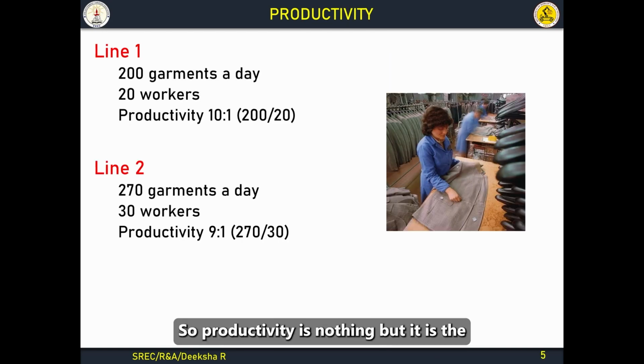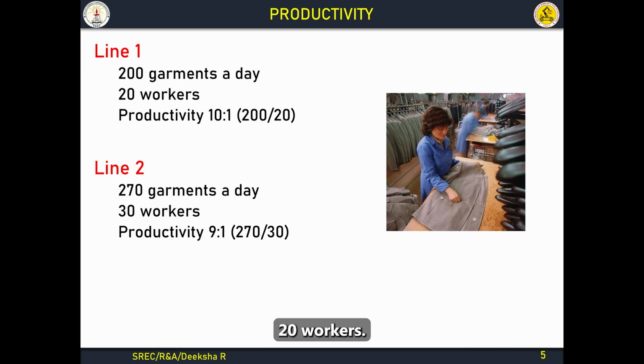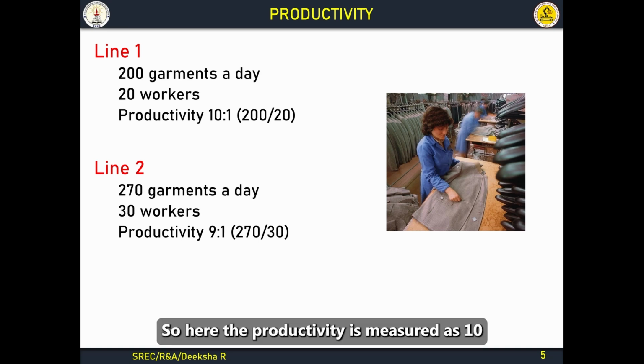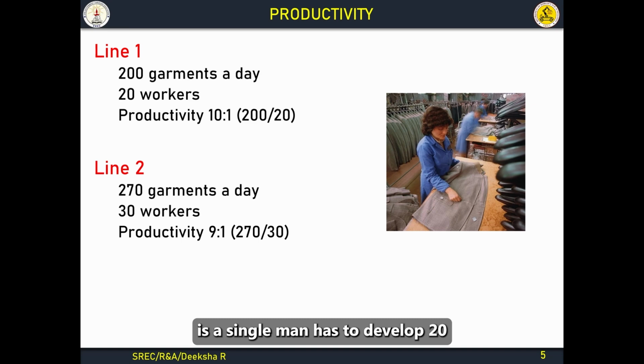Productivity is nothing but the measurement of the work which you have done. Consider an example: a garment industry which produces 200 garments per day using 20 workers. Here the productivity is measured as 10:1, because a single worker develops 10 garments per day.